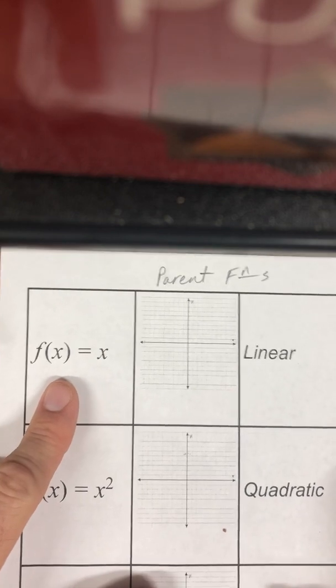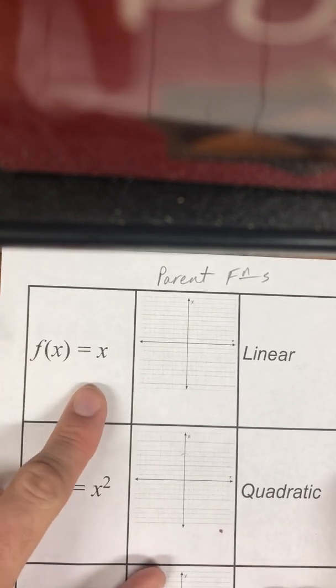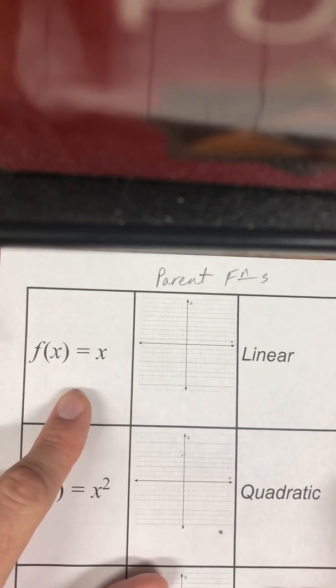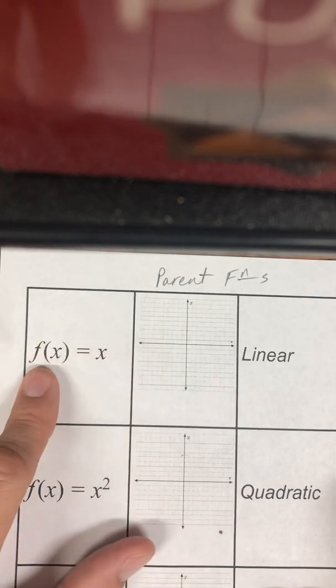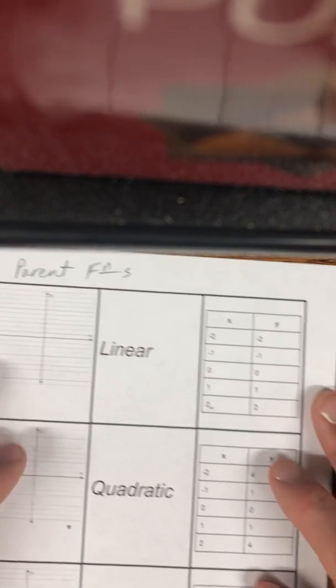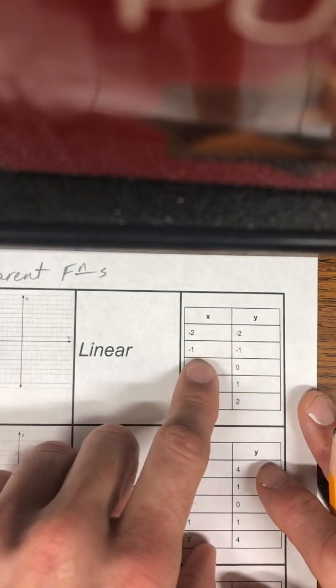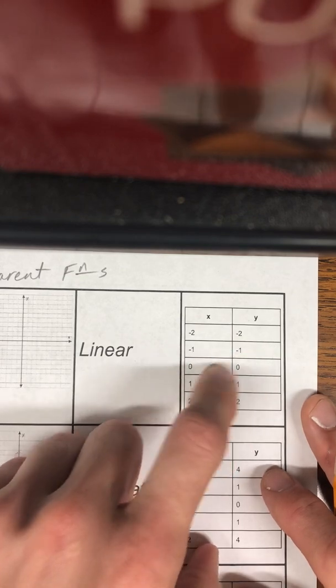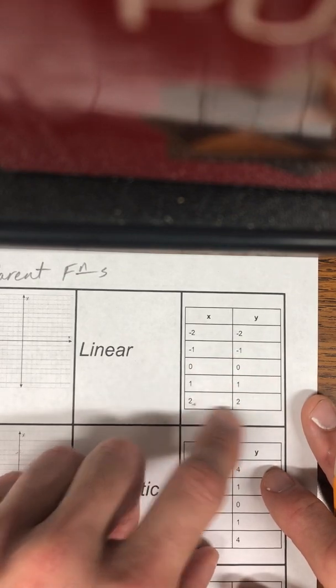F of x equals x, so this is like y equals x. This means that whatever x is, that's what y is. So if x is -2, then y is -2. And you can see that right here. If x is -1, y is -1. 0, 0, 1, 1, 2, 2.